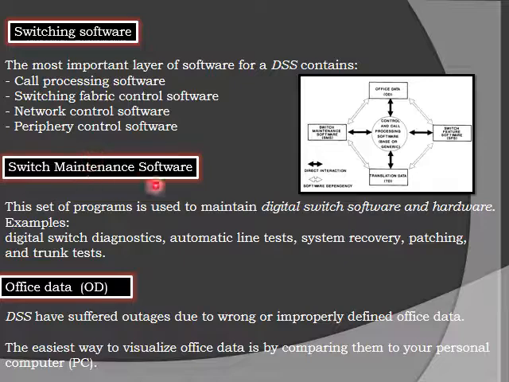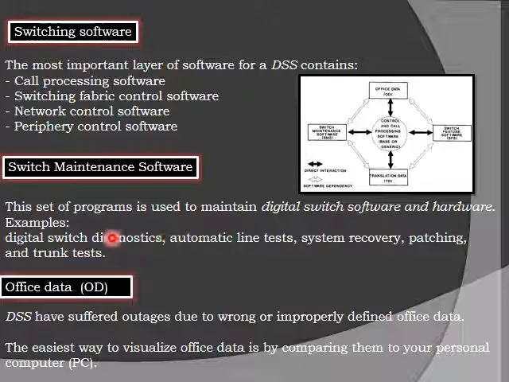Next, switch maintenance software. Here it is mainly concerned with a set of hardware and software which are to be managed or maintained by this group of softwares. For example, digital switch diagnostics. If one of the switches like a junction circuit or tandem circuit fails, then it should automatically diagnose it by itself, or it could be detected and manually repaired in time.